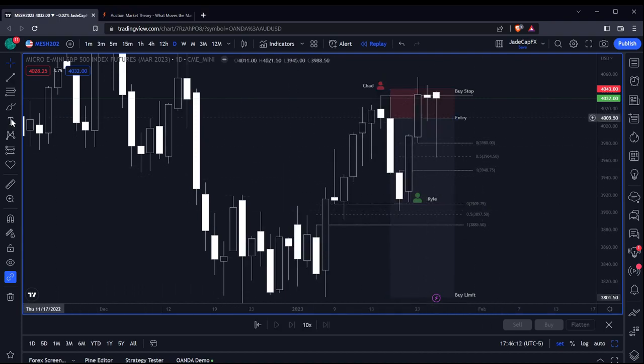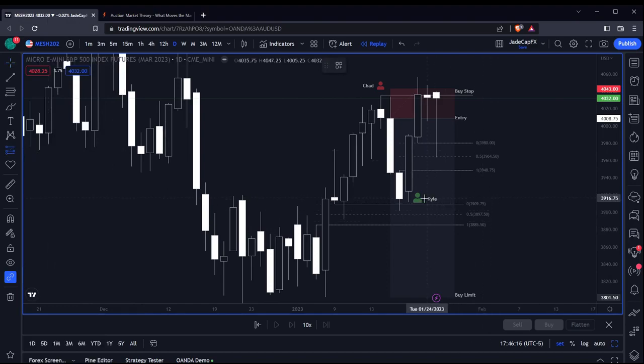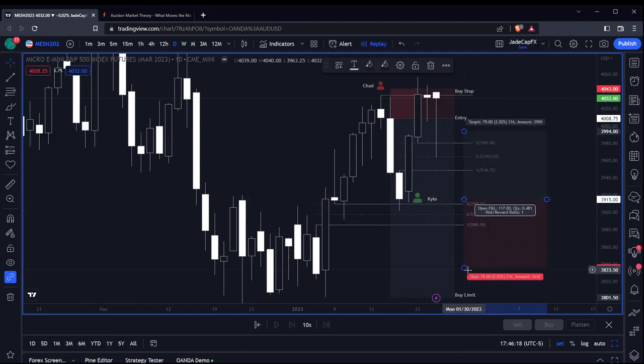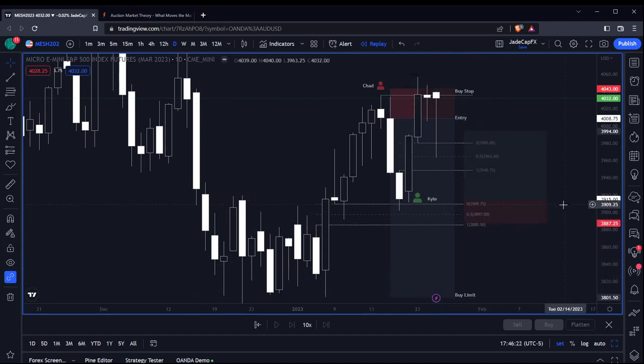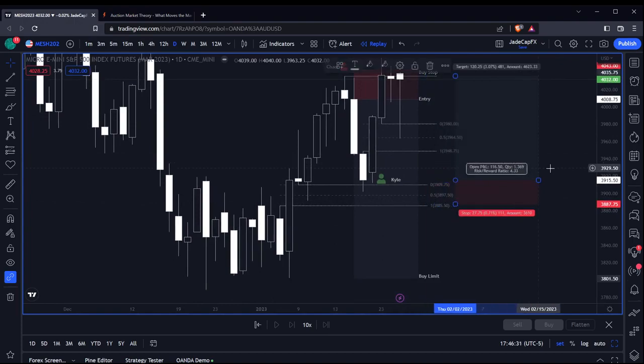Well, if I'm going to take a bet that the market's going to go higher, I'm going to place a long with my exit where Chad's stop is. So I'm going to move this over just a tiny bit.